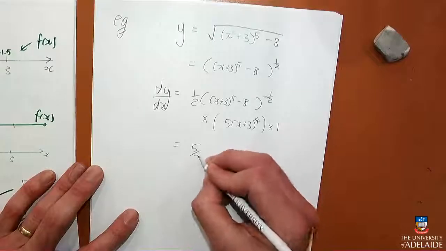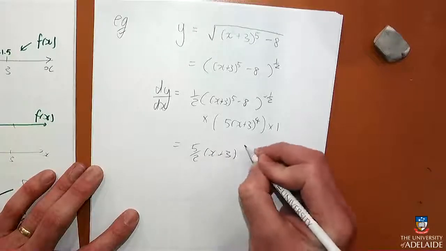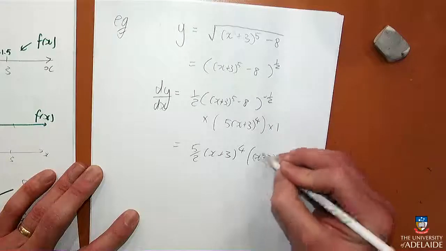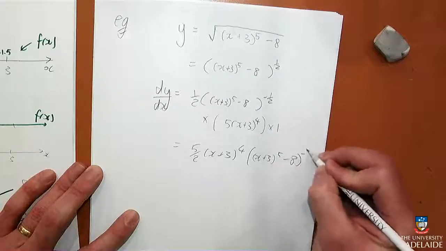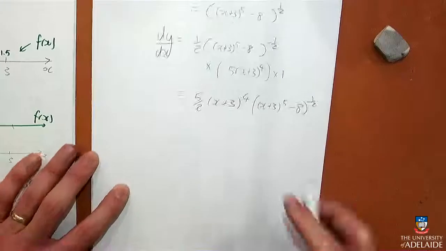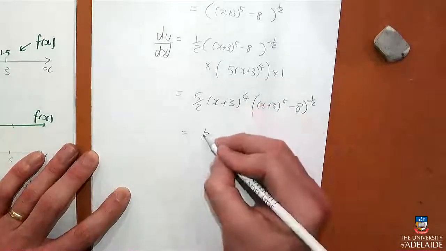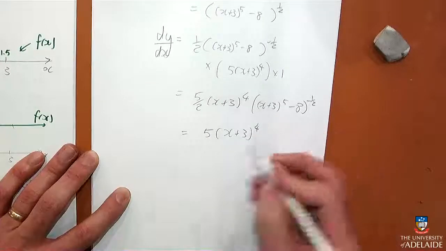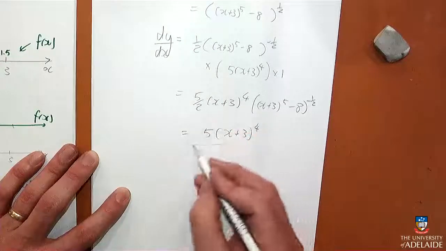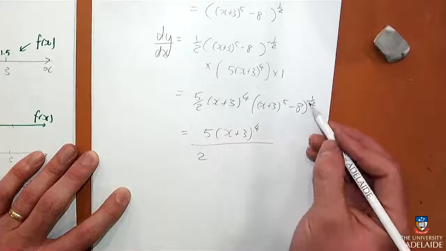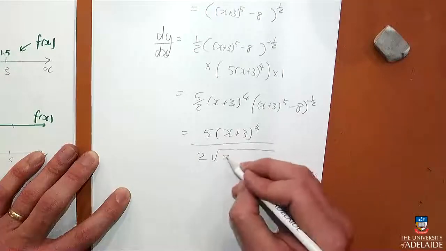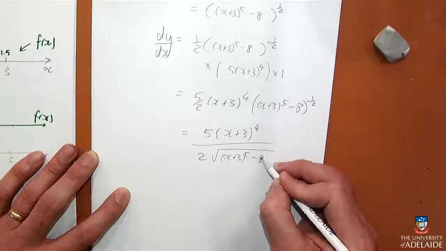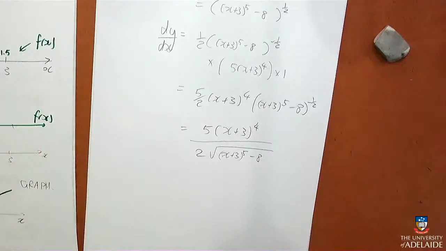So 5 on 2 times x plus 3 to the 4 times x plus 3 to the 5 minus 8 to the minus a half. And if I really wanted to put it in the format it was originally, the 5 can stay on the top. We've got a dividing by 2, so that will end up on the bottom of the fraction. And we actually have a minus a half, so that'll be like this. Not pretty, but there it is.